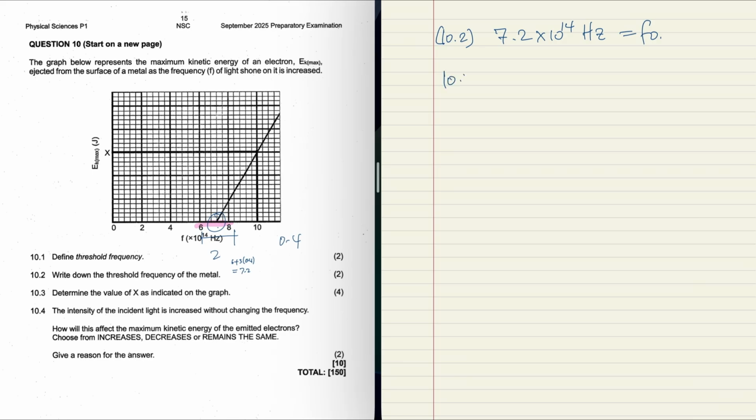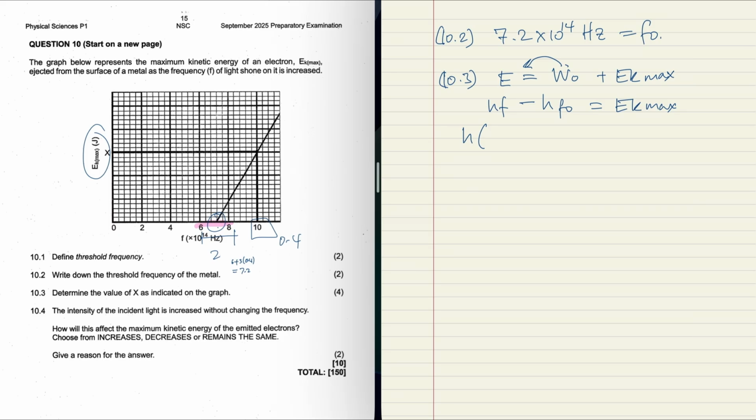Question 10.3. Determine the value of x indicated in the graph. So they want to know what the Ek max is when the frequency is 10 times 10 to the 14. So E is equal to W naught plus Ek max. So hf, and you can take W naught over, minus h times f naught is equal to Ek max. Now h is common, so let's take that out.